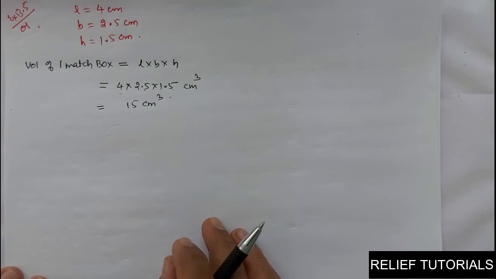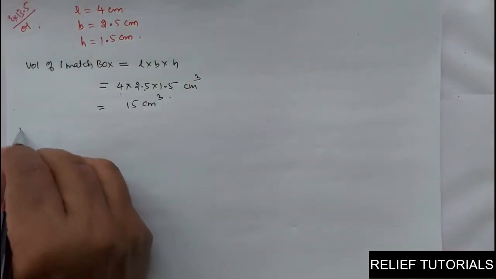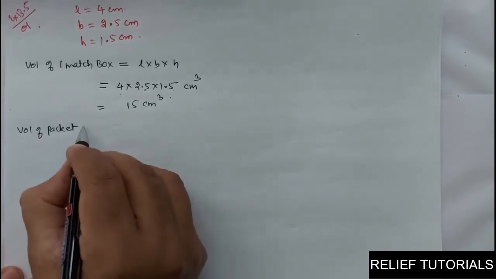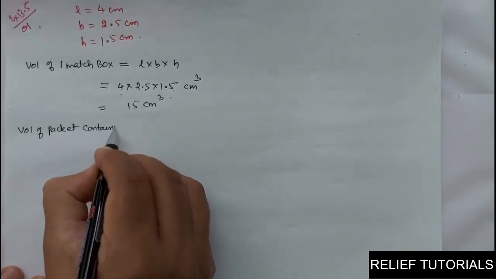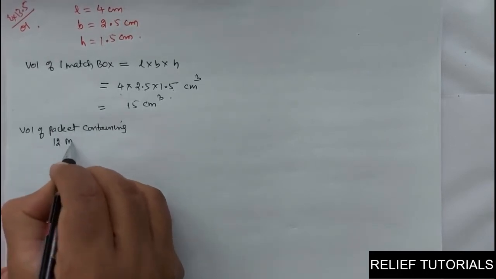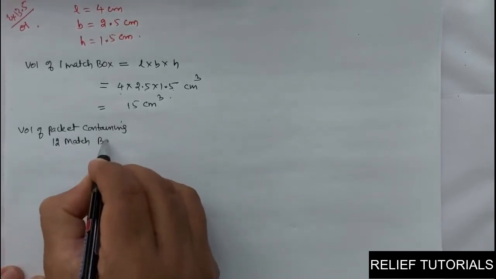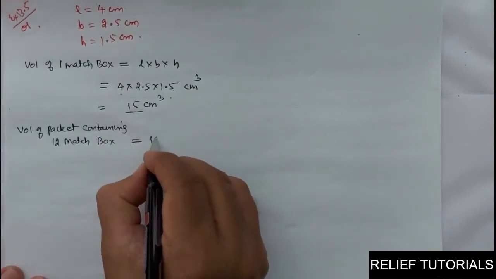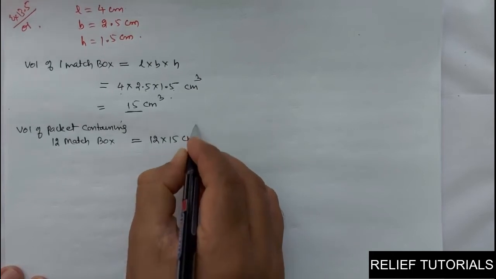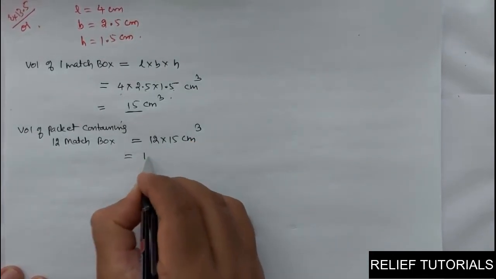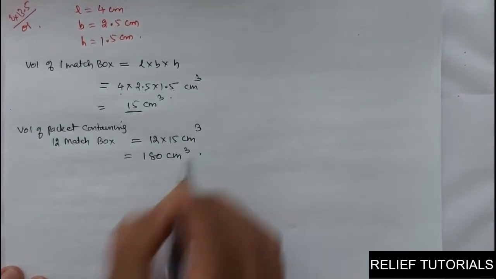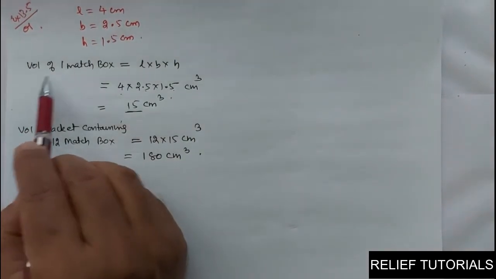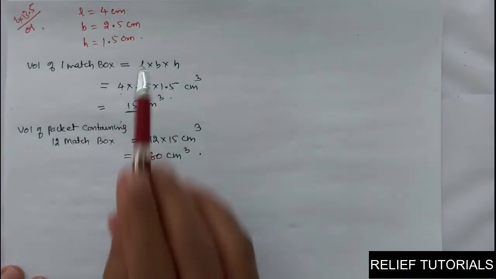Now the volume of the packet containing 12 matchboxes. Very simple, you will multiply the volume of one matchbox into 12. So 12 into 15 centimeter cube is 180 centimeter cube. Simple. So we have used the formula, you just have to remember the formula. The volume of a cuboidal matchbox is LBH.